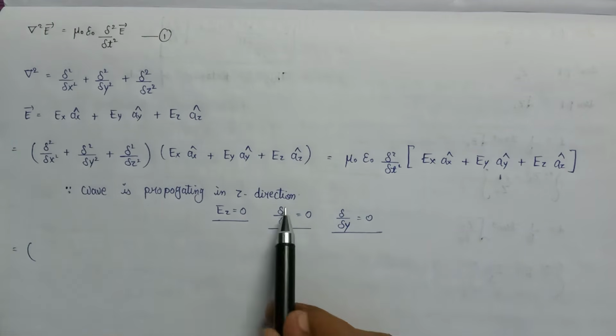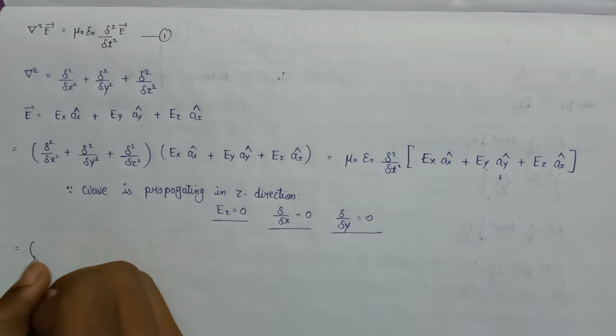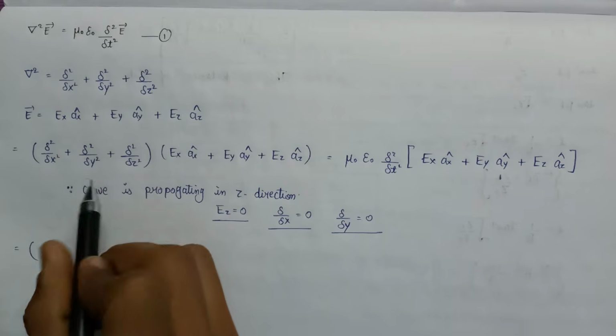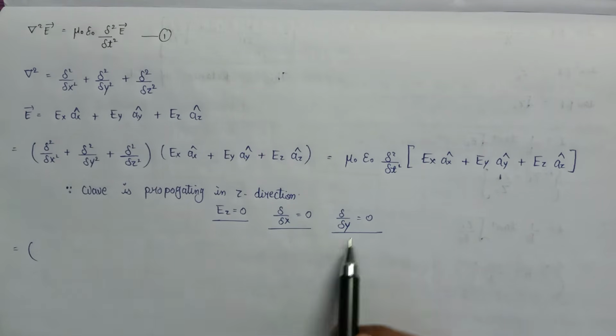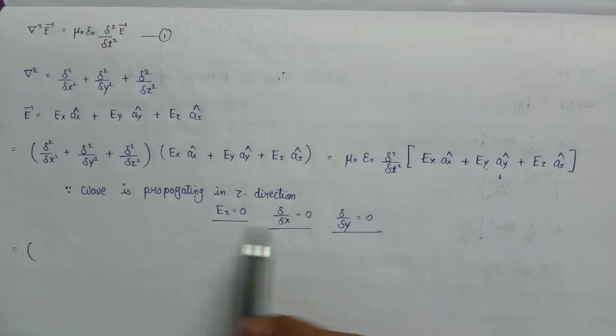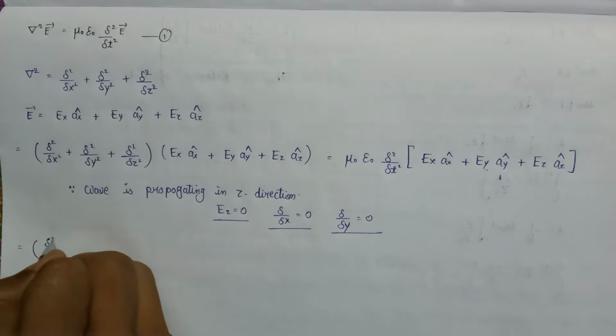Since del over del x is equal to 0, del 2 over del x square will also become 0, and del 2 over del y square also becomes 0 because del over del y is 0. So the remaining term is del 2 over del z square.